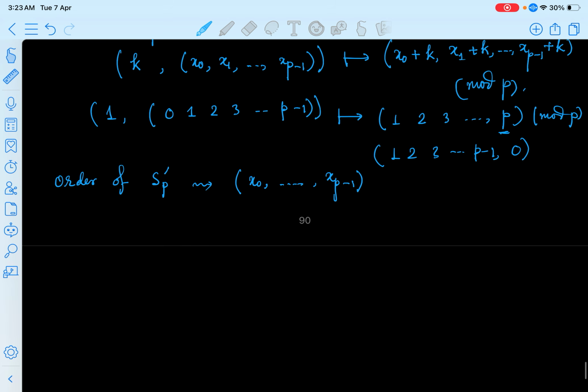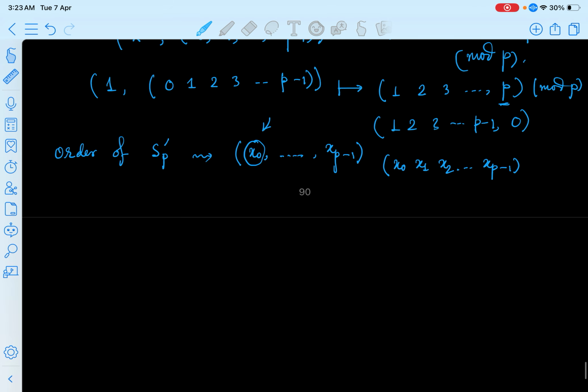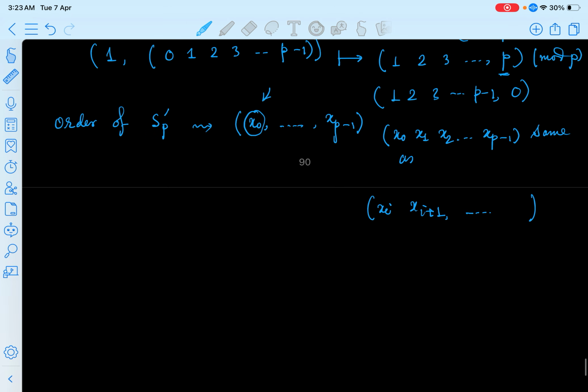If you fix the first coordinate... and these cycles have a property: (x0, x1, x2, up to xp minus 1) is the same as (xi plus 1, up to ...). For p equal to 3, the cycle (0, 1, 2) is the same as (1, 2, 0).